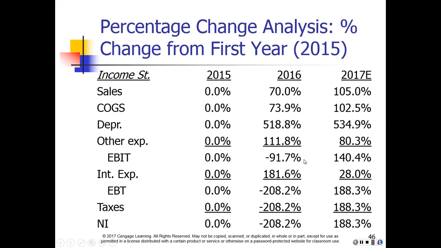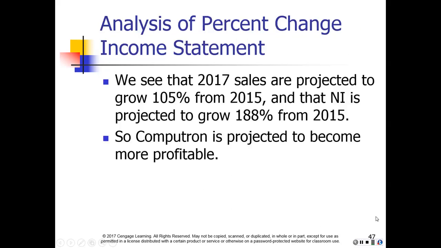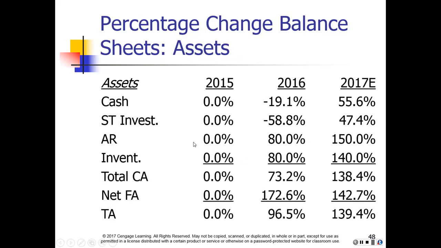EBIT had declined and now it's supposed to improve a lot. That's a good sign. Net income had declined considerably, but this is going to improve and become a positive change. Those are good signs, right? So Computron is projected to become more profitable in the future.